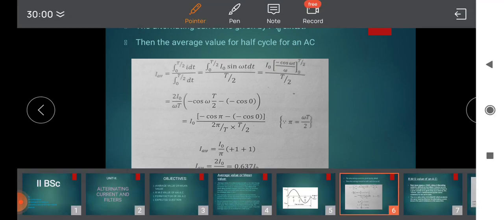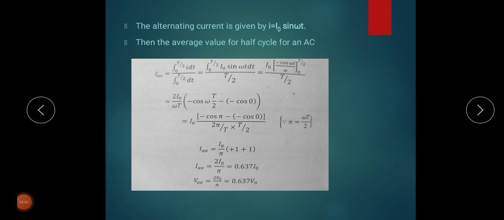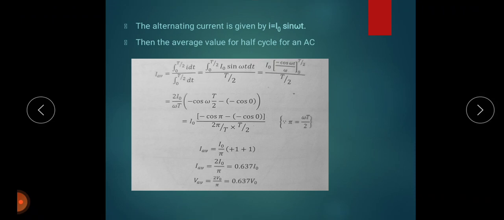Then the average value for a half cycle of an alternating current. Here, current is the rate of flow of charge per unit time.